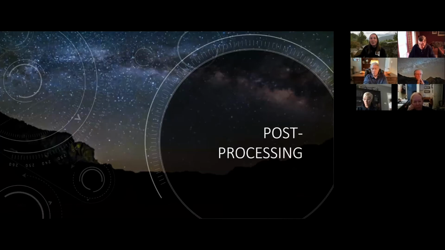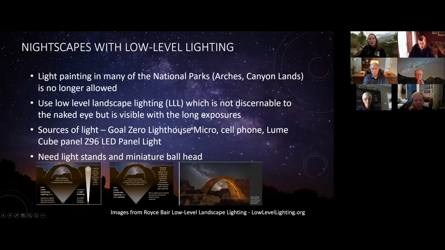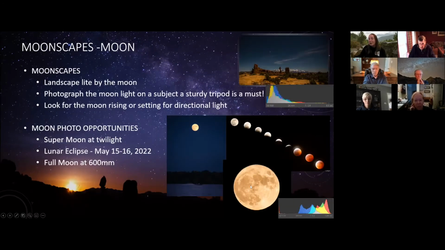So, hey, Kathy, what was the time, or how long was the shutter open for the moon shot? For this one here? No, the one below it. Oh, that one. Yeah. Oh shoot, I'd have to look it up and tell you. I should have put it in there. Yeah, because I assume that because the moon's moving so fast, you've got to have a fairly short shutter speed. Yeah, the shutter speed was probably 1/200th. Okay.